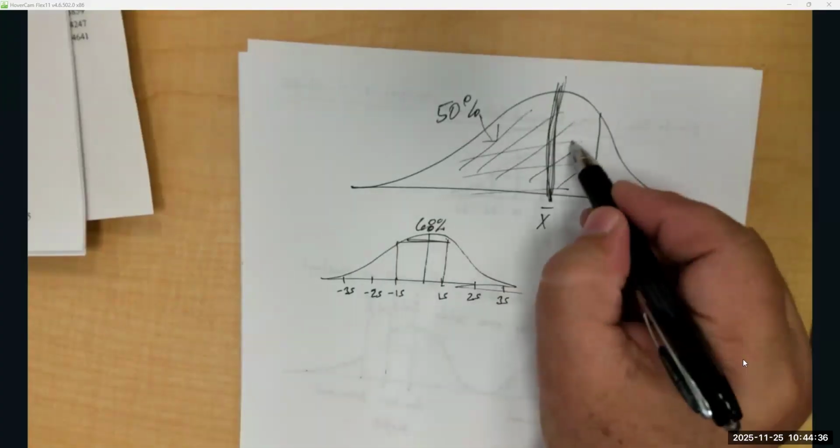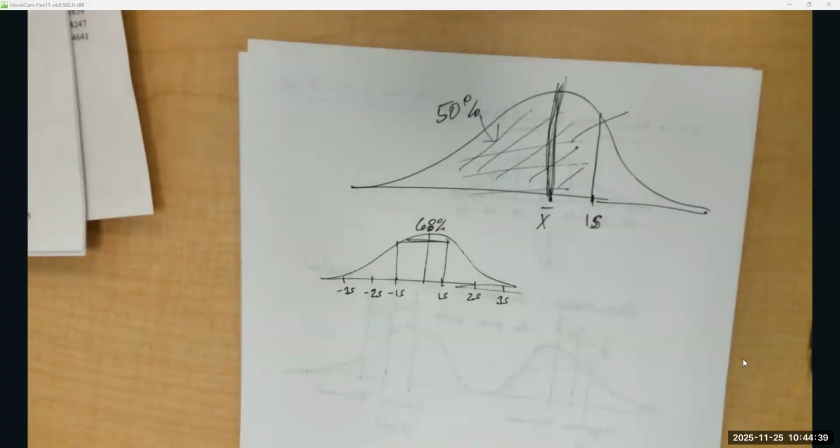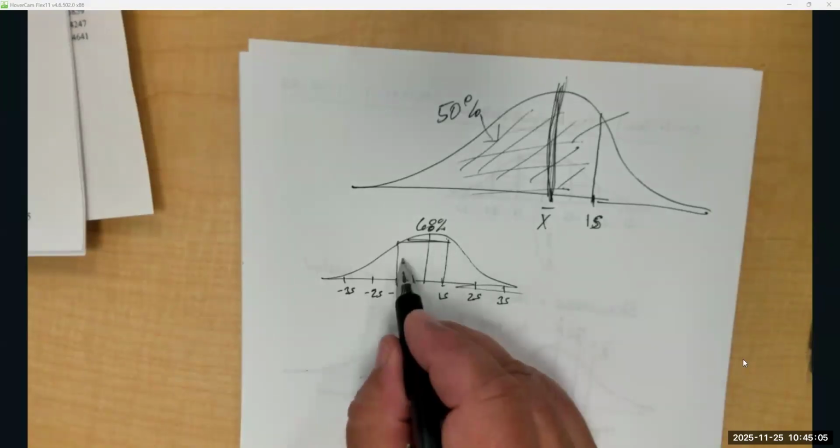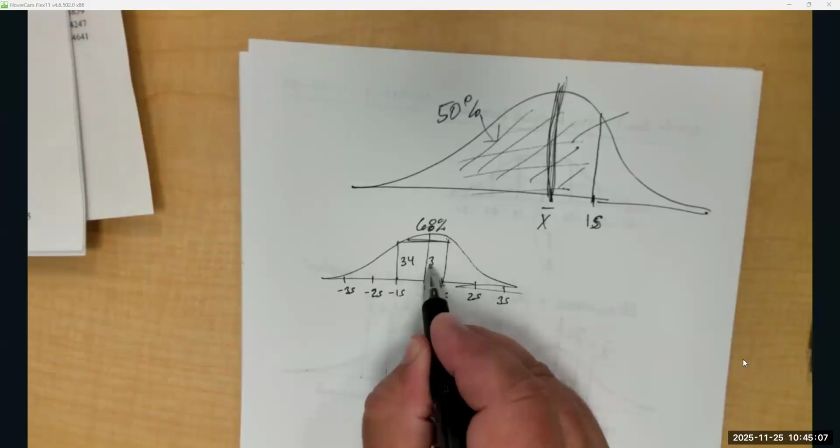So we have to know how much is in here. How does this relate to what we have here? How can we figure out an answer here? So where's 34 go? Very good.